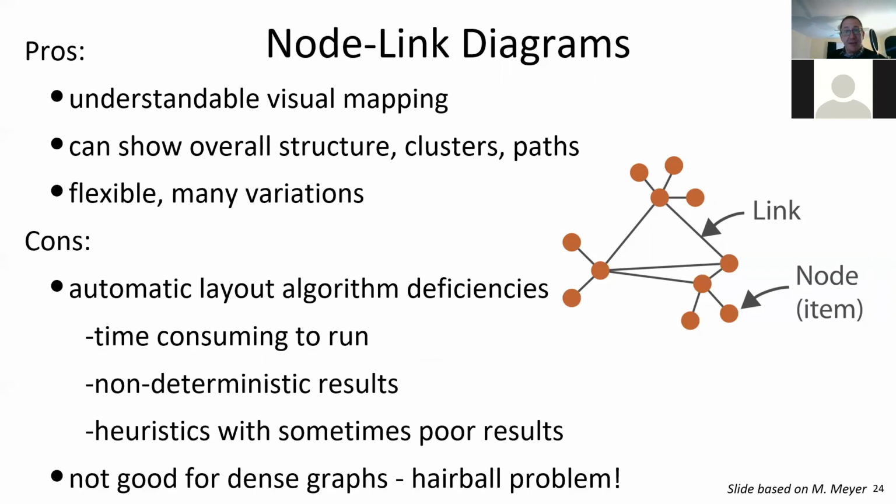It's time consuming to run these algorithms to lay it out. We have non-deterministic results, as in you lay it out again next time, it's going to look different. It's not consistent at all. Some heuristics for layouts give you just crappy results. And I love this term for really dense graphs, where everything's connected. They call it a hairball problem.